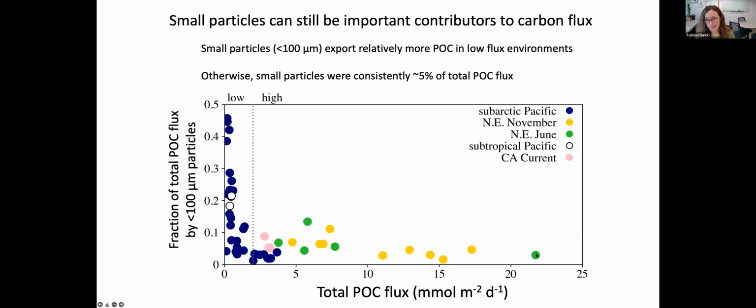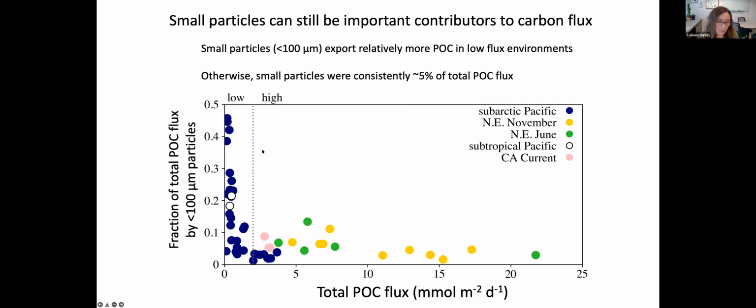What you can see is that at locations with high carbon export, like the New England shelf break, there's this really consistent contribution. About 5% of the POC flux is packaged in these less than 100 micron particles. So it doesn't really matter, they're consistently important, at least 5%.